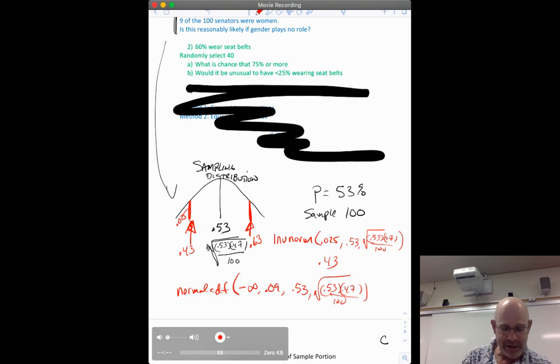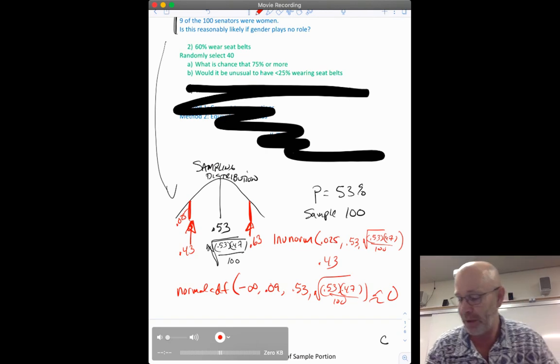It's going to be super tiny, probably 0 on my calculator because it's so small. Yeah, and I get basically 0, which is so far away we can kind of do that.